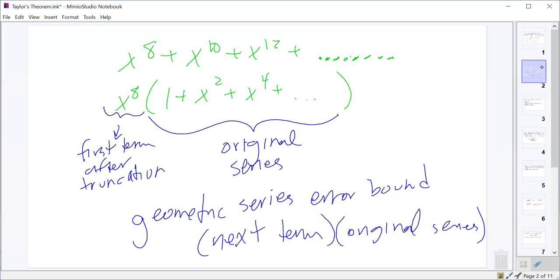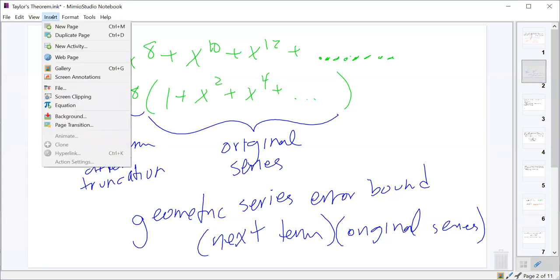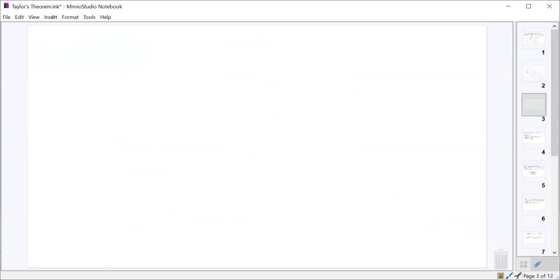Let's suppose, how about we took this series. This is an easy one. The sum from n equals 0 to infinity of x to the 3n.